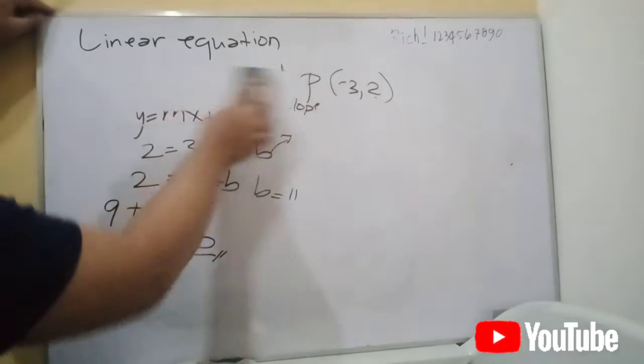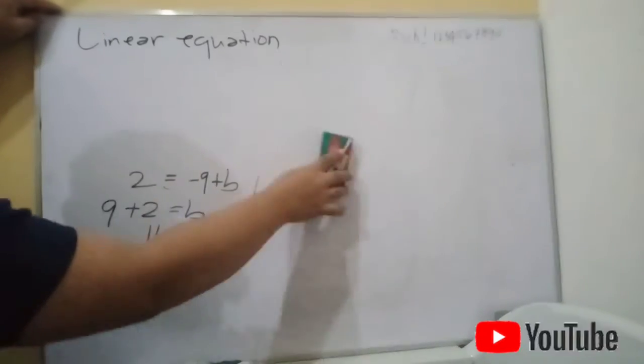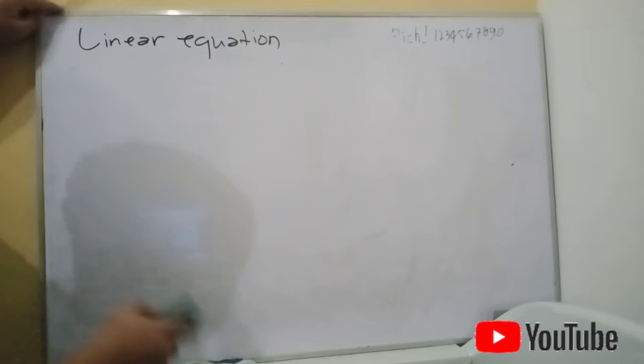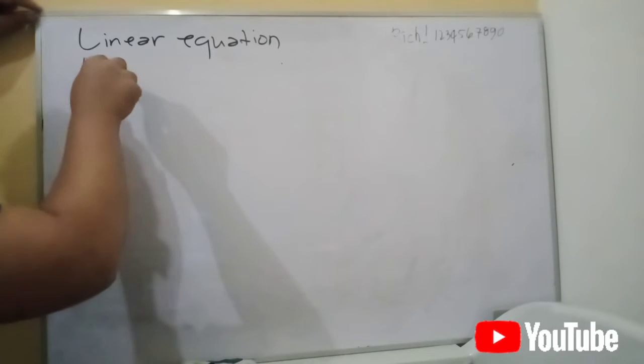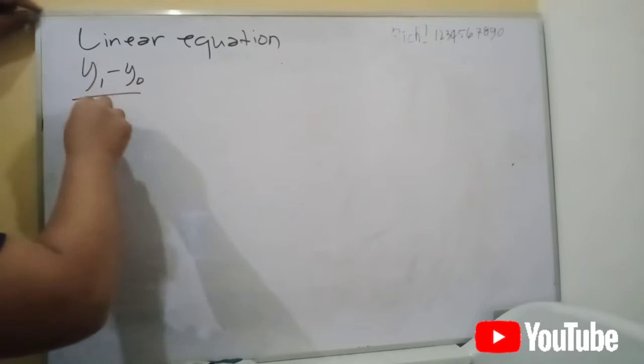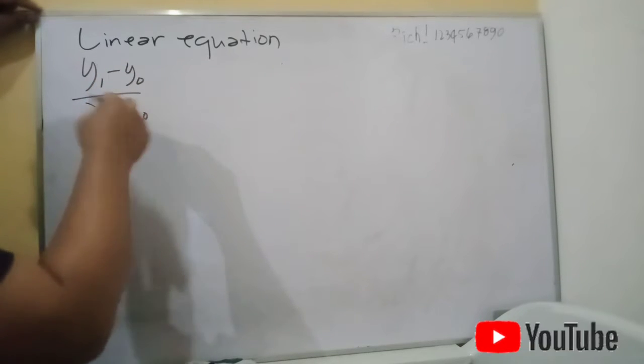Next, how do we get the slope? How to get the slope? We have the formula, which is y sub 1 minus y sub 0 over x sub 1 minus x sub 0.